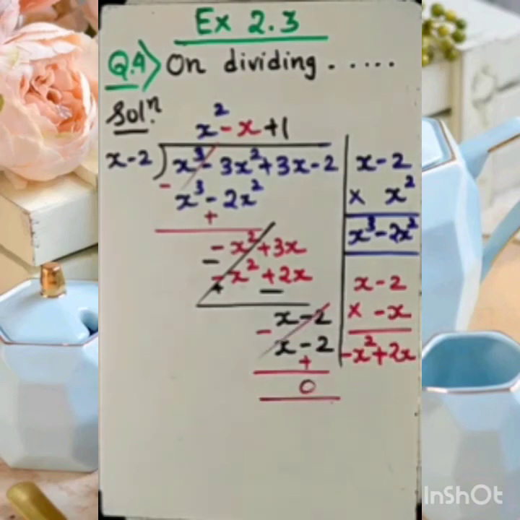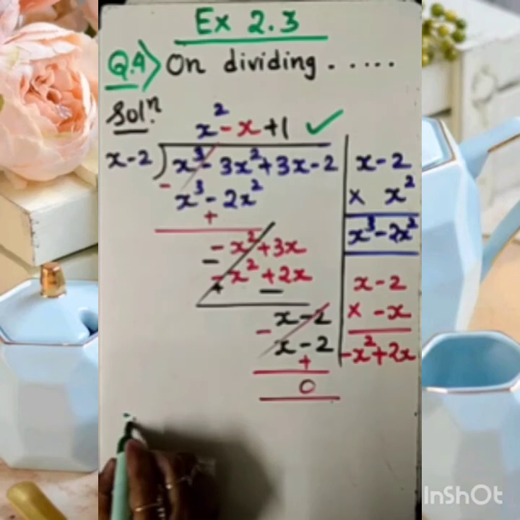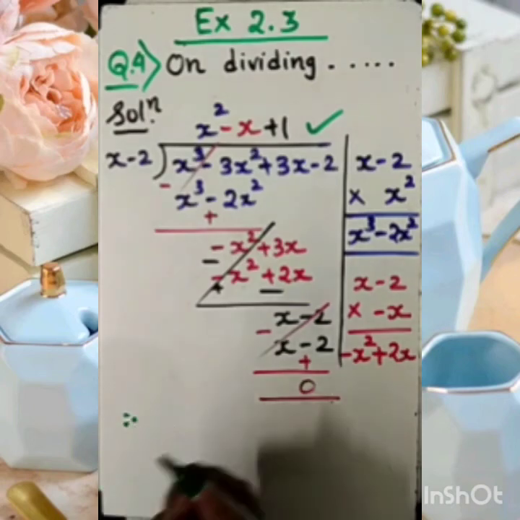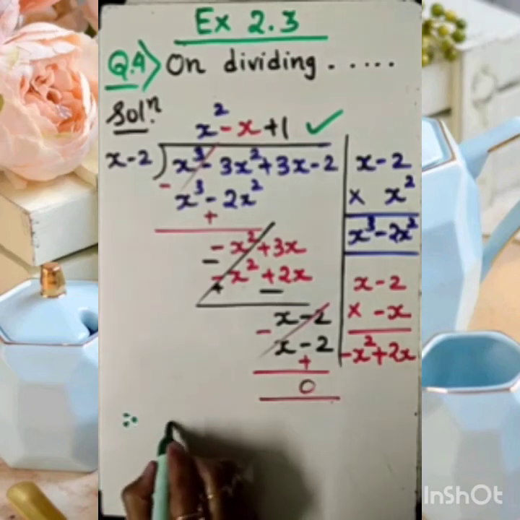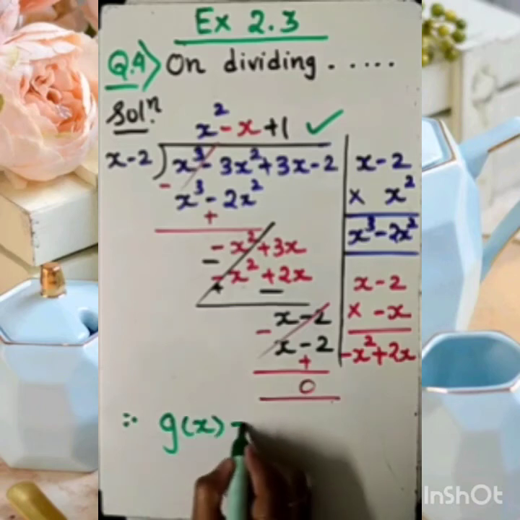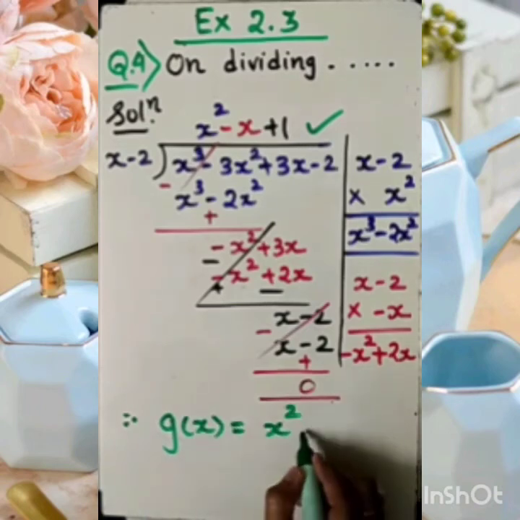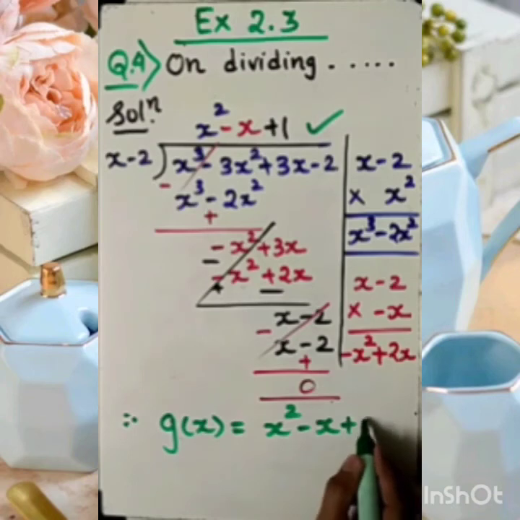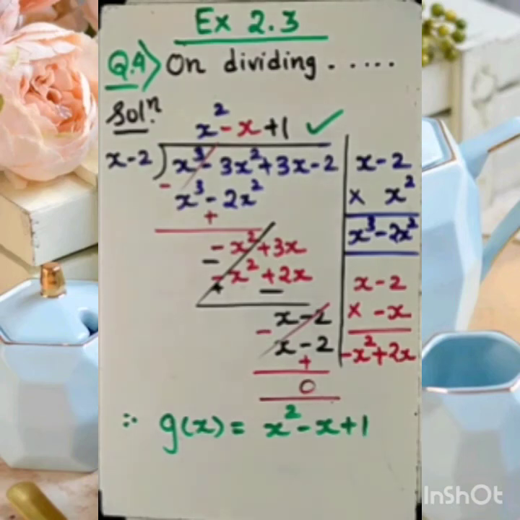So dear student, finally we got the value of g(x). Therefore g(x) equals x square minus x plus 1. So this is the complete solution of question number 4, which is quite easy.